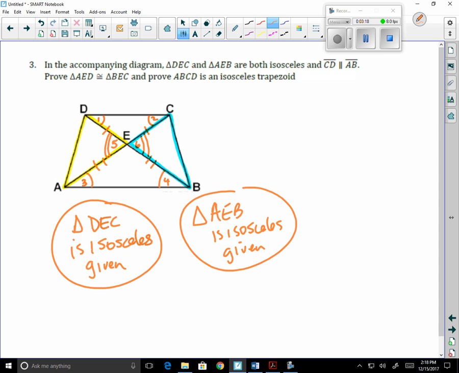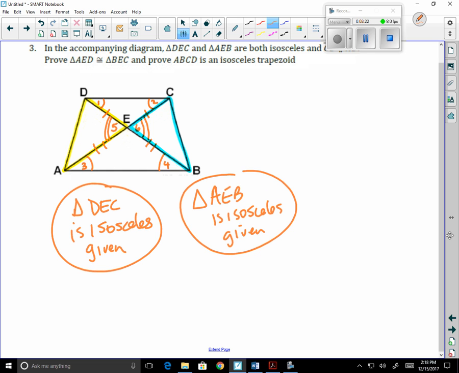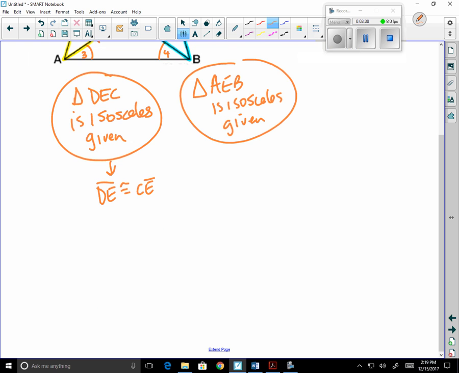Each one of these tells a set of congruent segments. So the first one, DEC, tells us that DE is congruent to CE. And the reason why is in an isosceles triangle, two sides are congruent.